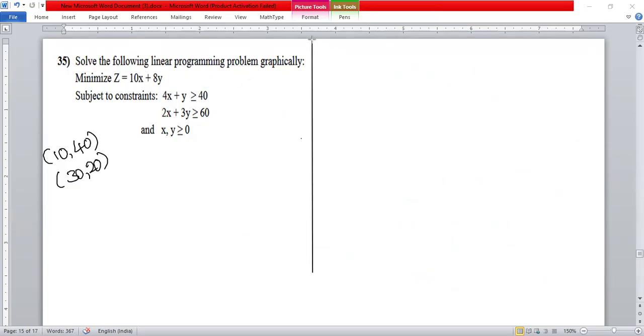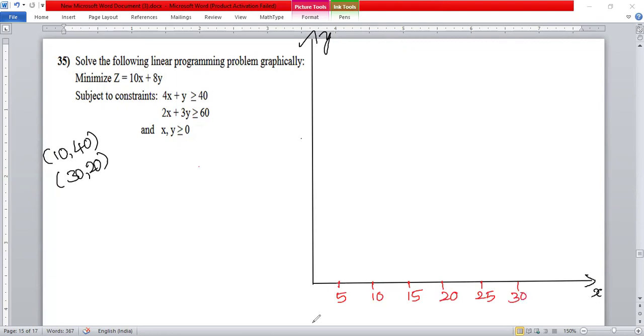So now the x-axis: 30 is the highest one, so x-axis 5, 10, 15, 20, 25, 30.